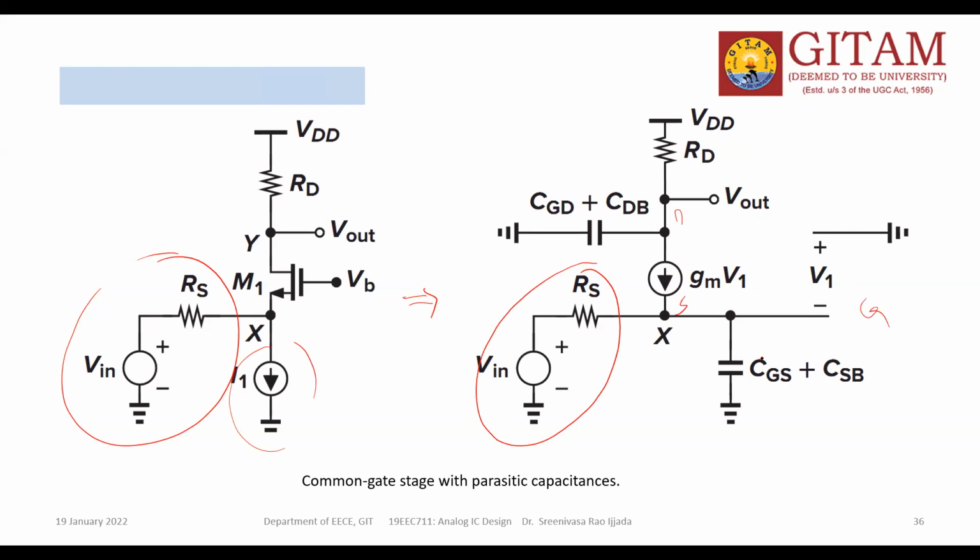This is one parasitic capacitor, and one more parasitic capacitance. There are many more capacitances, which can be simplified with the Miller theorem. So finally we got this simple circuit.